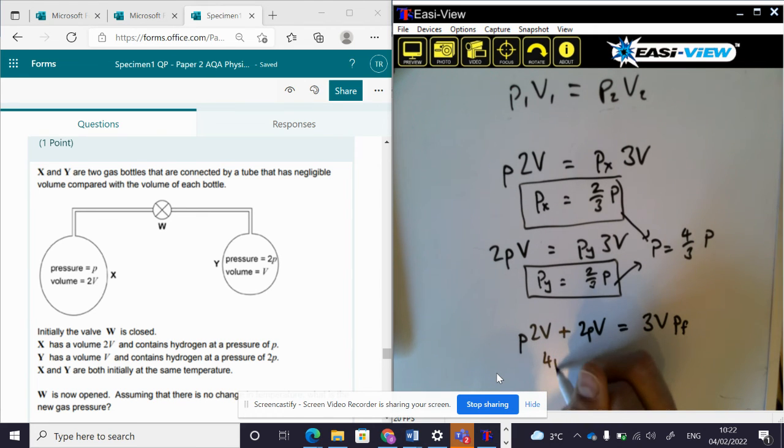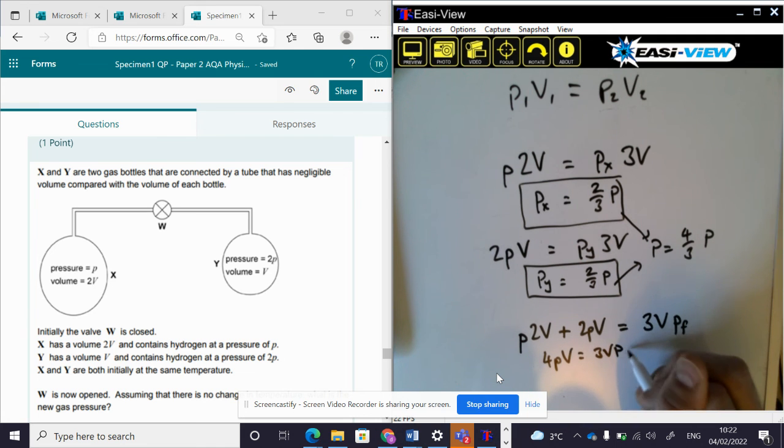So 4PV equals 3V times PF. The V's cancel, so you end up with the final pressure is 4/3 of the original.